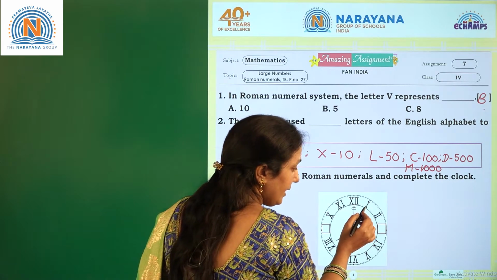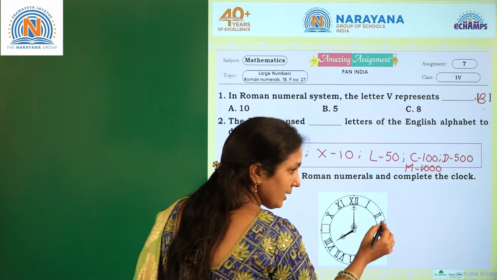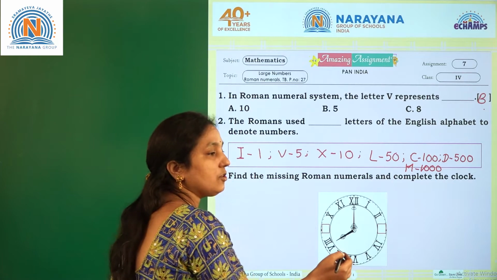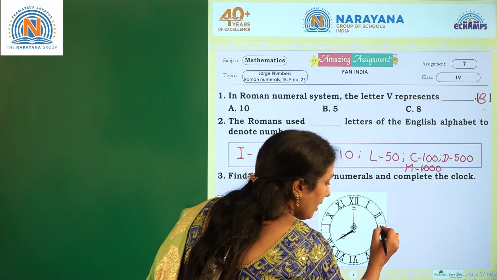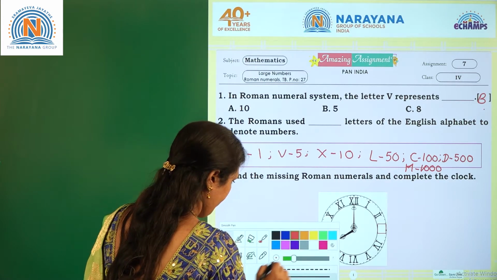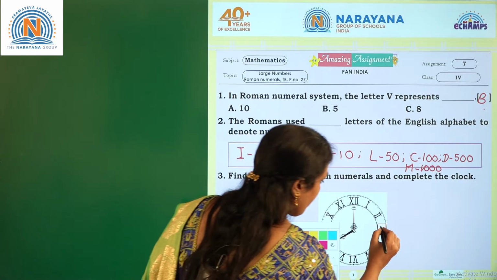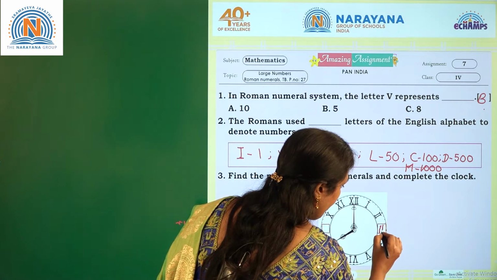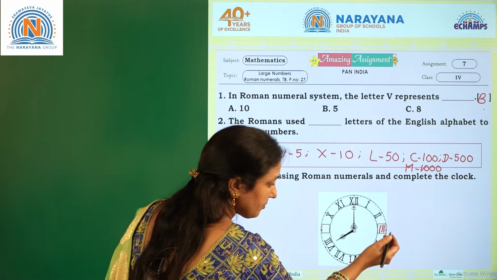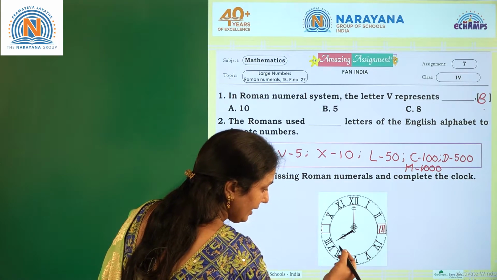So here I means 2. So what is the next one? 3. So how to represent in Roman numeral 3? I and next one 4, 5, 6, 7, 8.